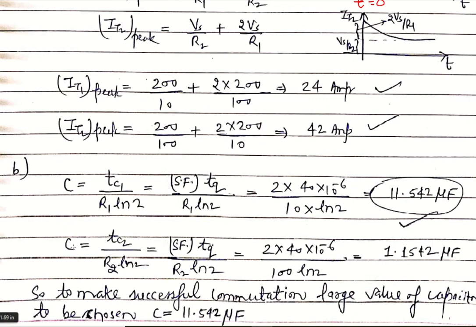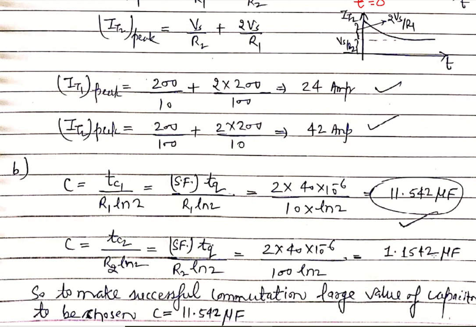And if we calculate C from the second expression, in the case of thyristor T2, it will be tc2 divided by R2 ln 2. If we put in R2, we calculate it to be 1.1542 microfarad. So two values of capacitance are there. Which capacitor value is suitable?